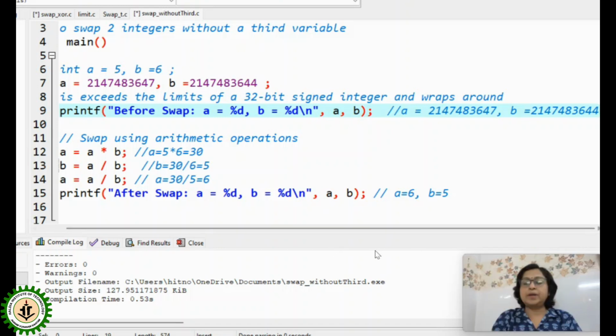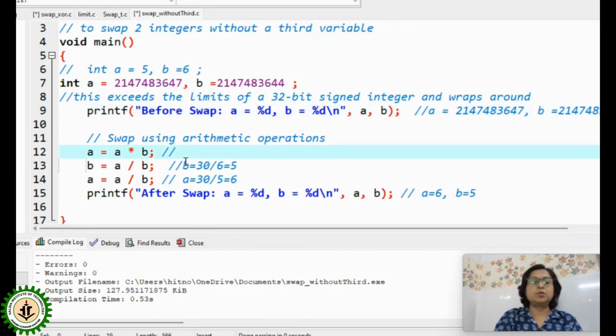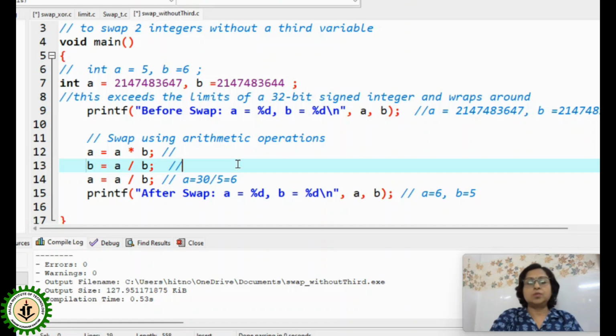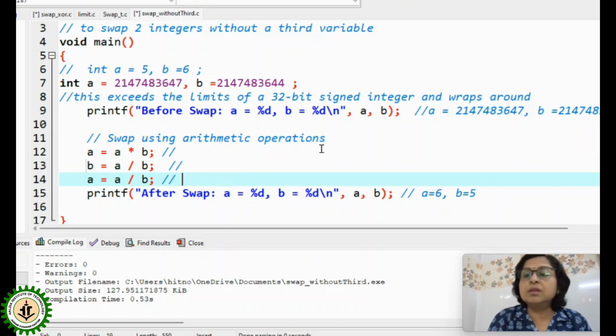Now after this swap, multiplication of A and B will happen again, and then the division will take place. I am not going through the arithmetic calculation.